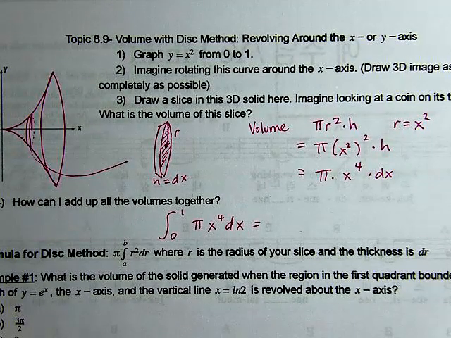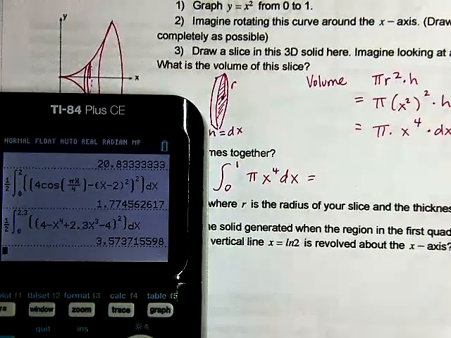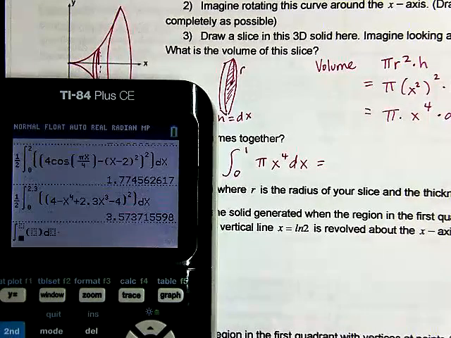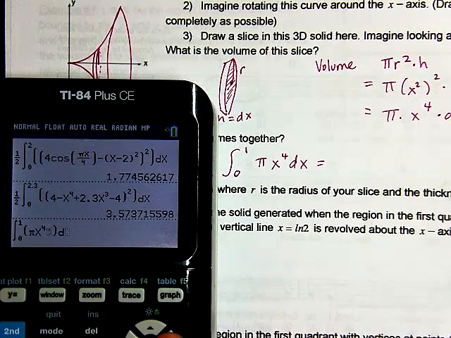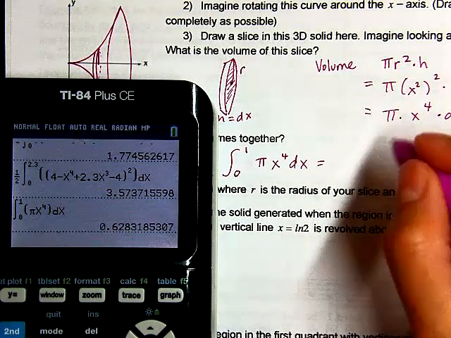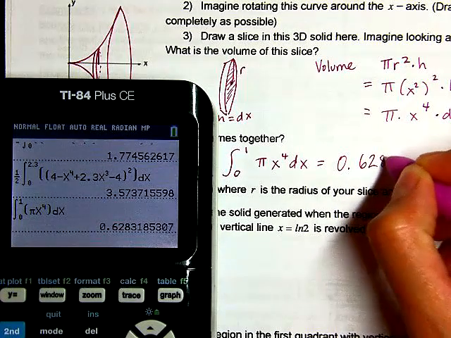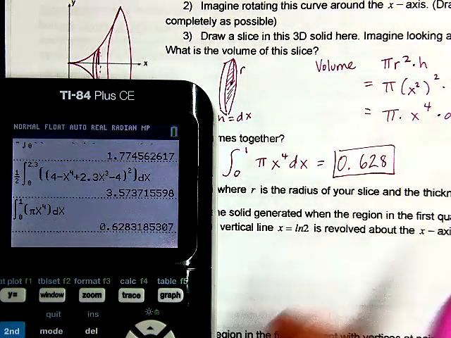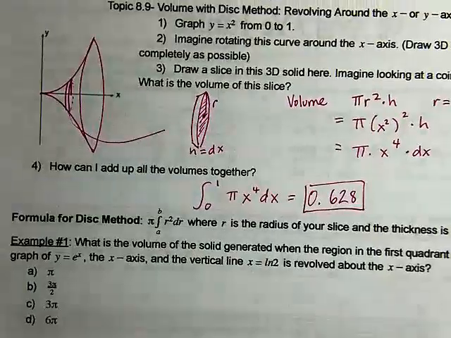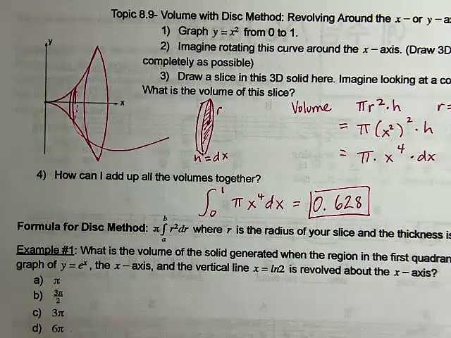You can go ahead and plug this into your graphing calculator if you'd like. You get about 0.628. So the volume of this 3D object is pretty small. We only went from 0 to 1.